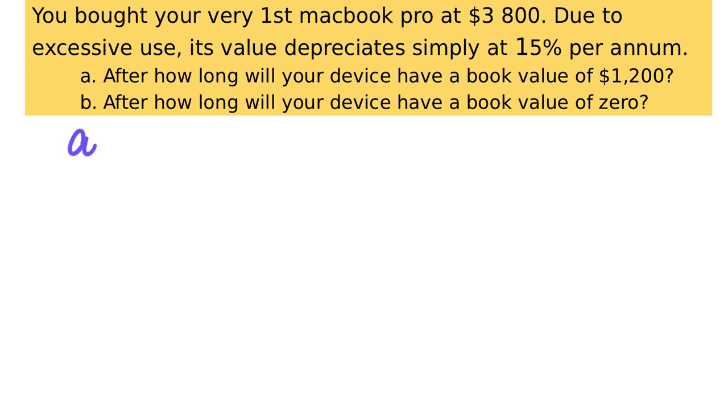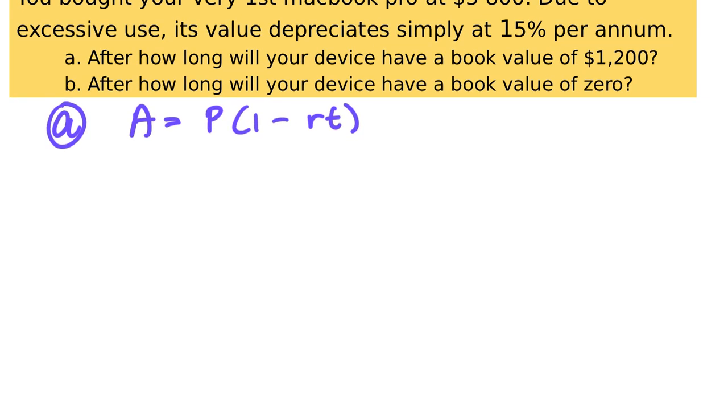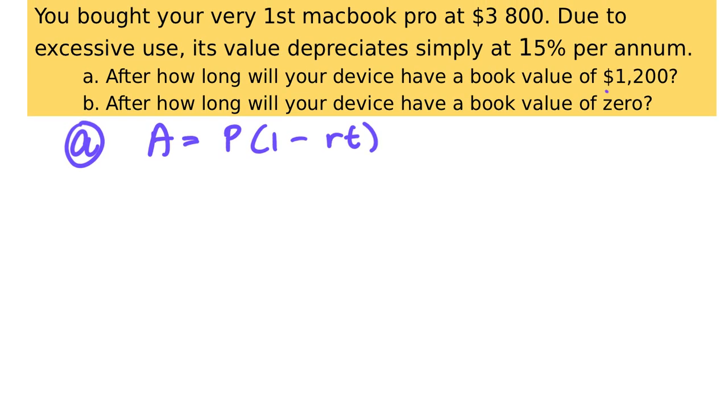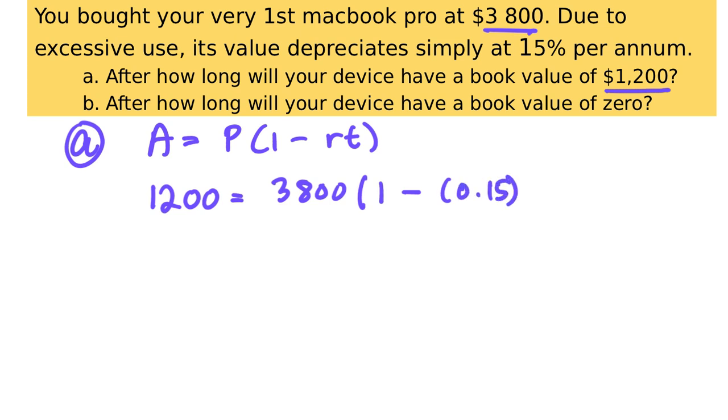In A, our formula is A equals P times 1 minus RT. They said the book value here will be 1,200. So that's going to give you 1,200, and your principal is going to be 3,800 multiplied by 1 minus 0.15 times, do we know the time? No, we don't know the time.